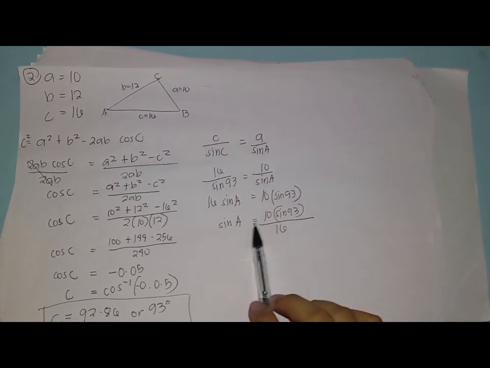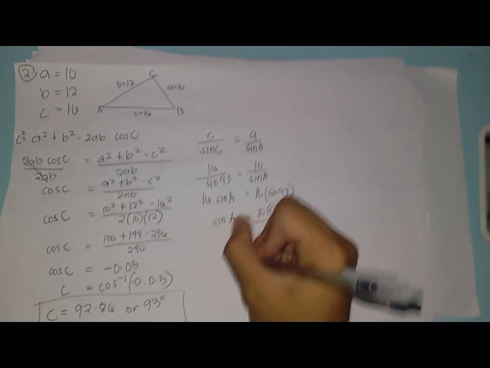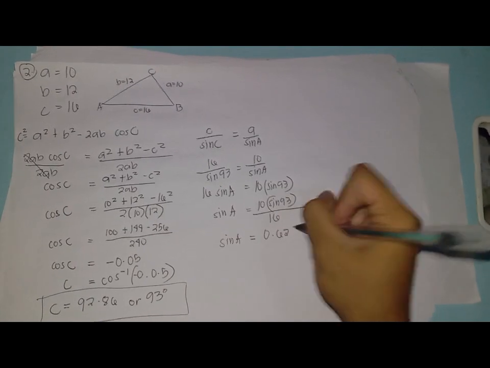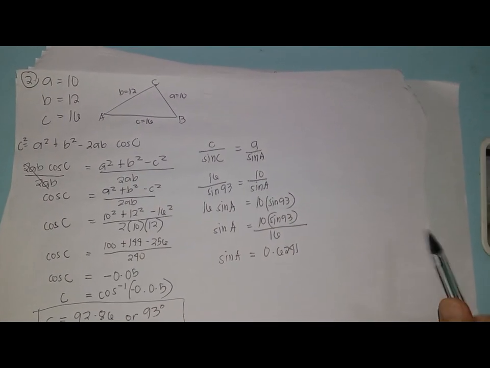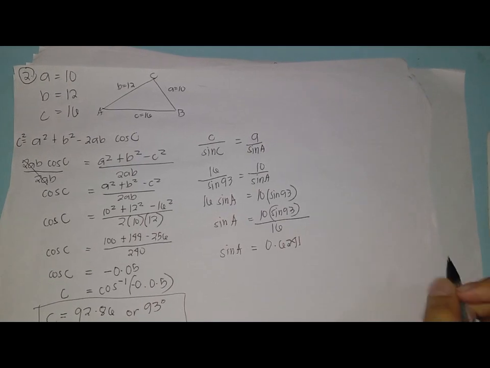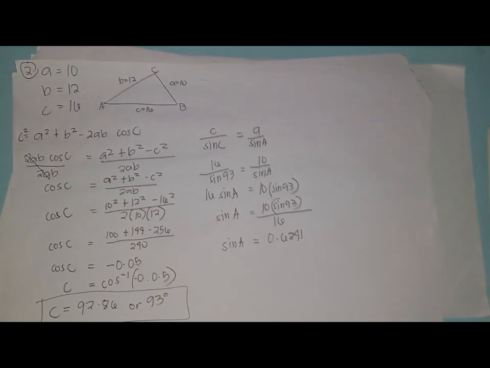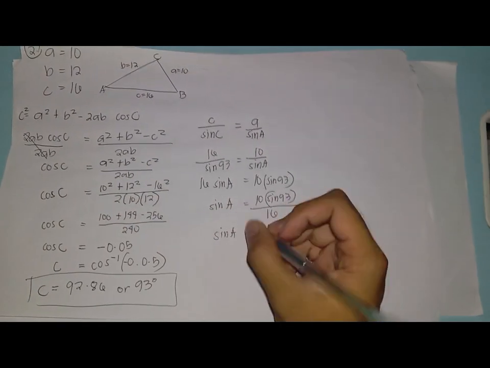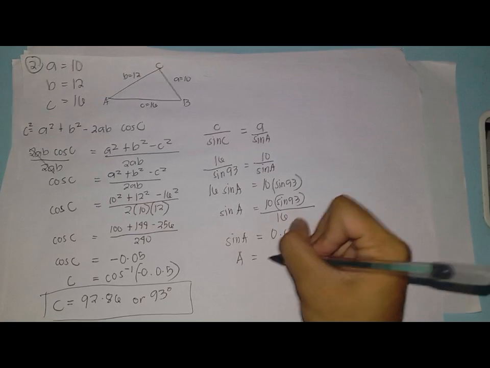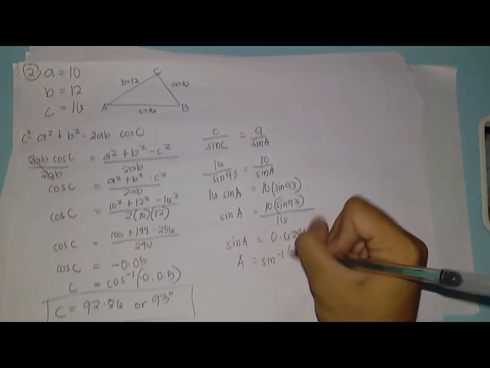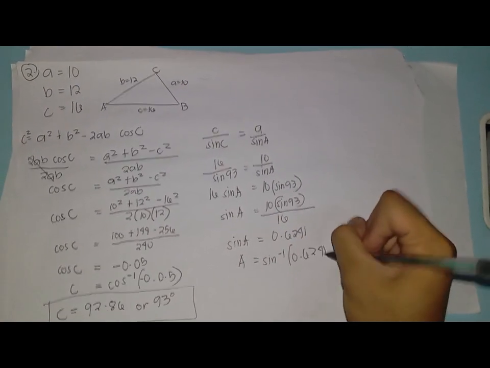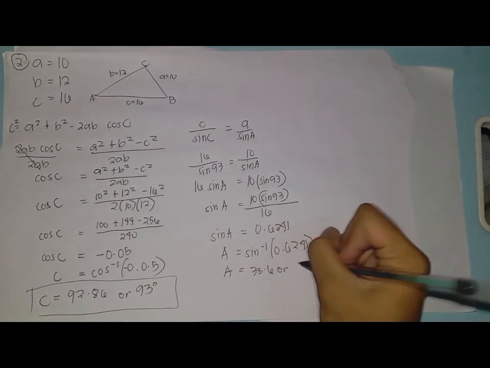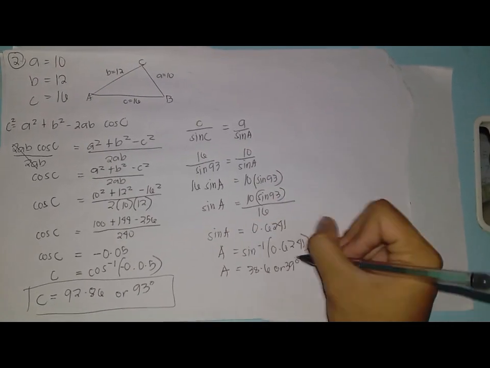So simplify 10 times sine 93 over 16. We have sine A is equal to 0.6241. Always remember that your calculator should be on degree mode. So we have here A is arc sine 0.6241. So A is 38.6 or 39 degrees.